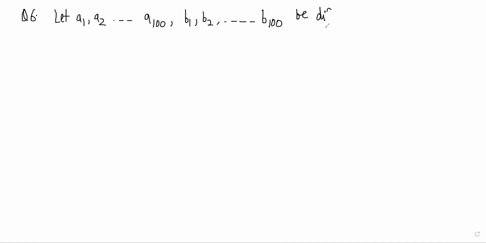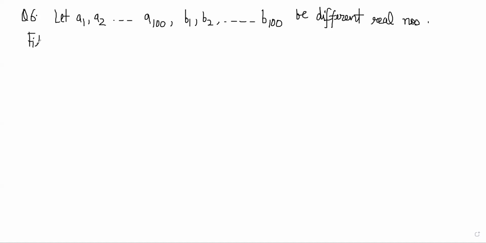We'll look at one last problem. The problem here says this. Let A1, A2 till A100 and B1, B2 till B100 be different real numbers.